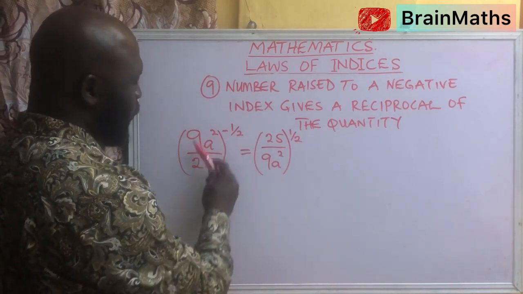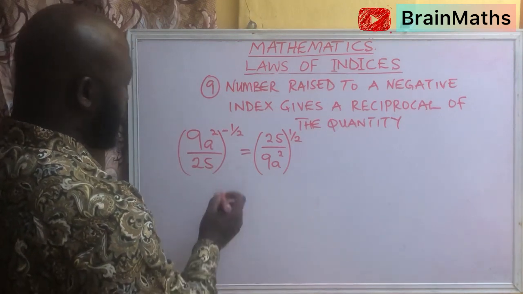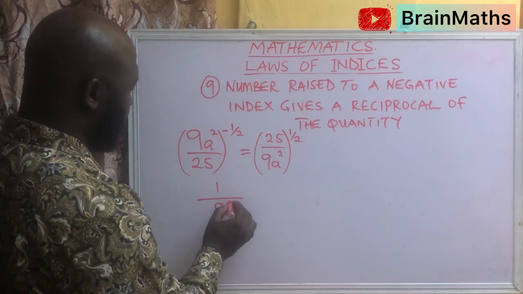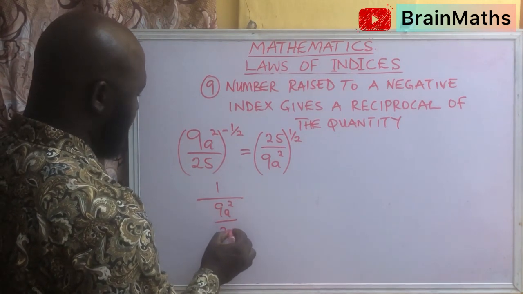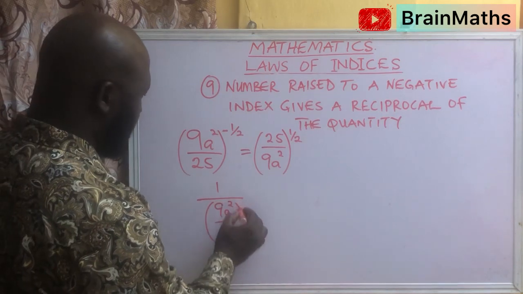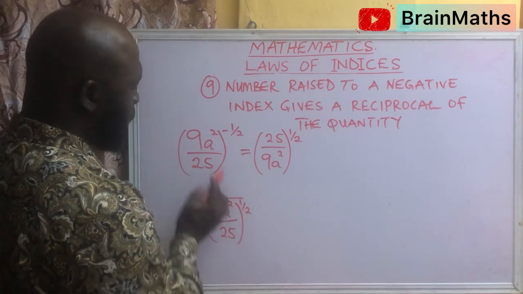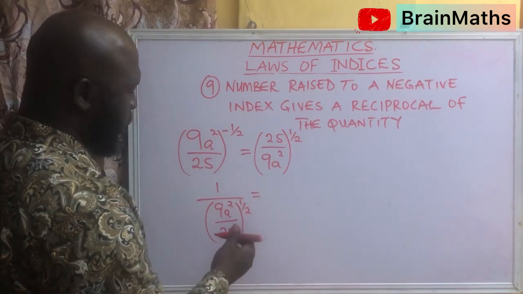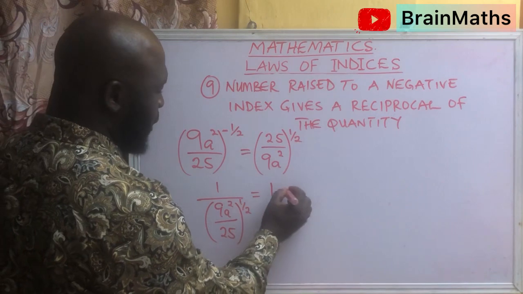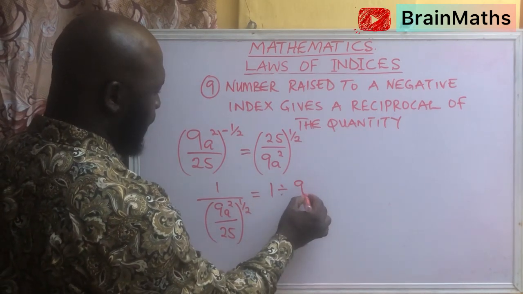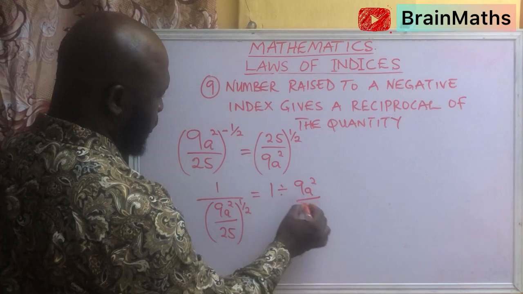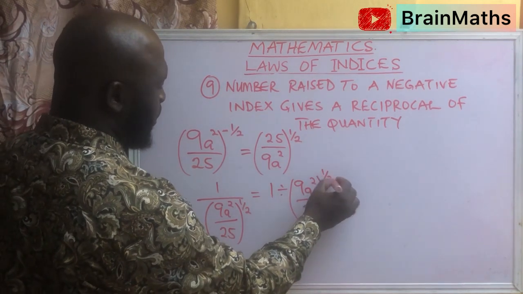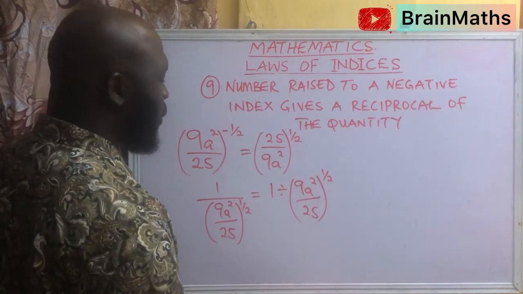Ordinarily, if we want to solve this one, we are going to be having 1 over 9a squared over 25 raised to power 1 over 2 due to this negative part. But when you break it down, it is going to become 1 divided by 9a squared over 25 having a positive power of 1 over 2.